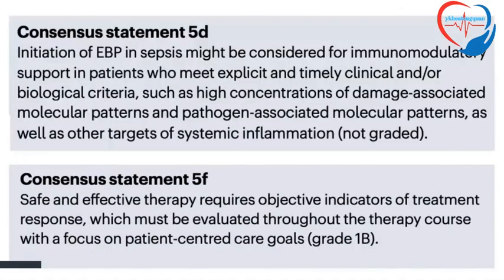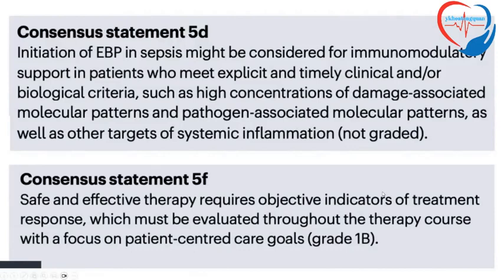The other thing is that initiation of extracorporeal blood purification therapies in sepsis might be considered for immunomodulatory support in patients who meet explicit and timely clinical or biological criteria. And of course, it has to be safe and effective, and it requires objective indicators.